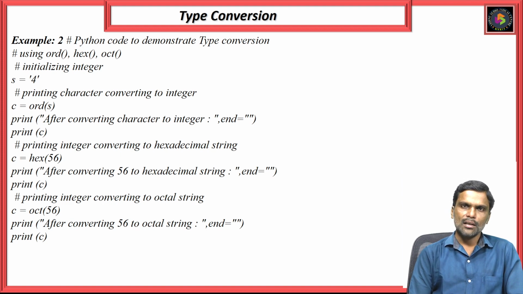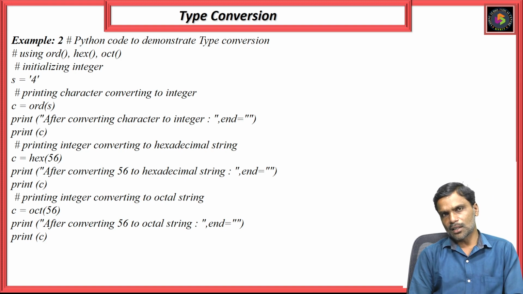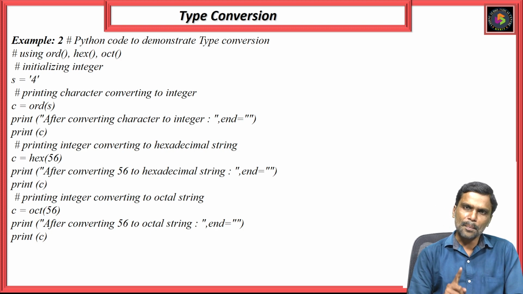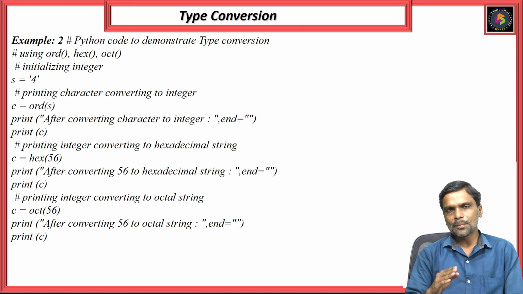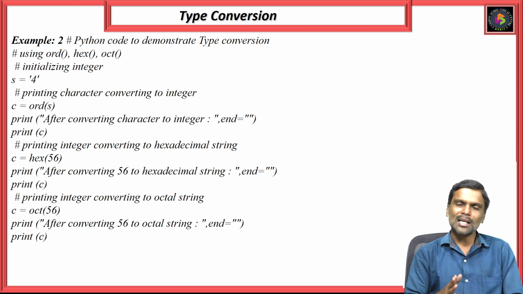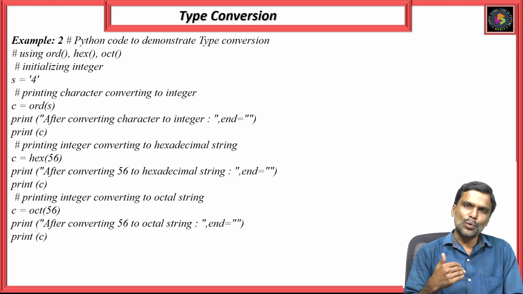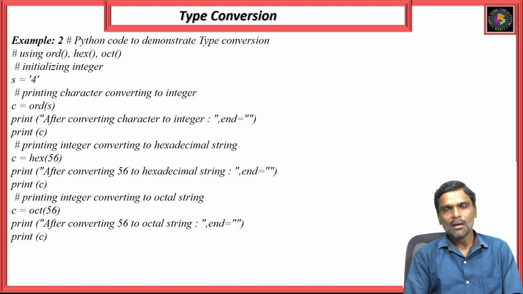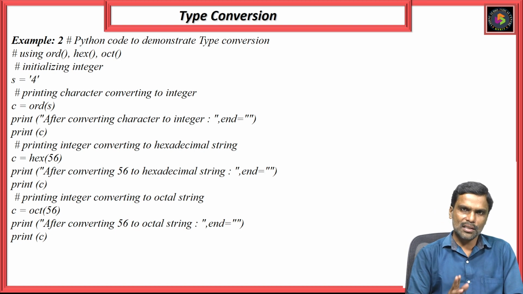Next, type conversion is converting one data type into another data type. This can be done in two ways. The first is implicit type conversion, where the interpreter itself converts one data type to another. Explicit type conversion means the user converts one data type into another with the help of type conversion functions.